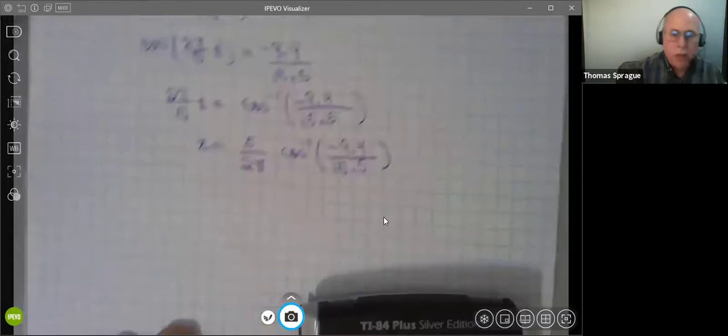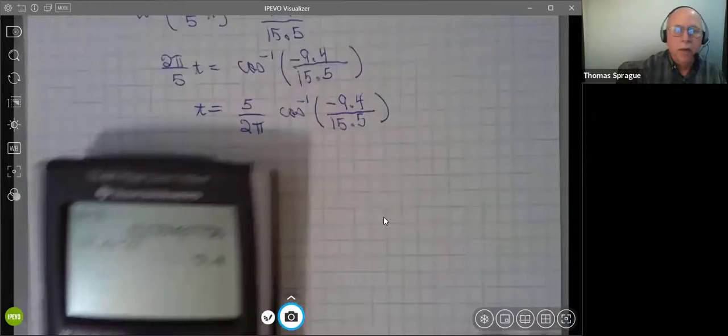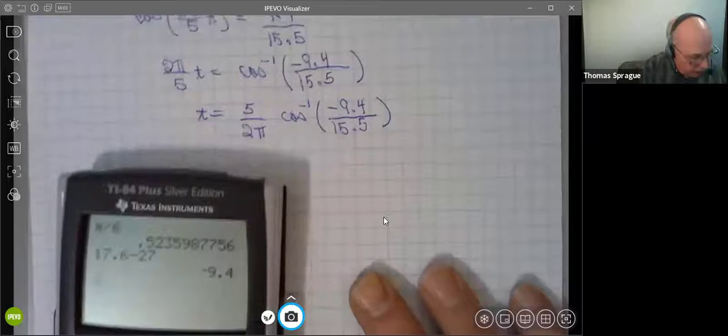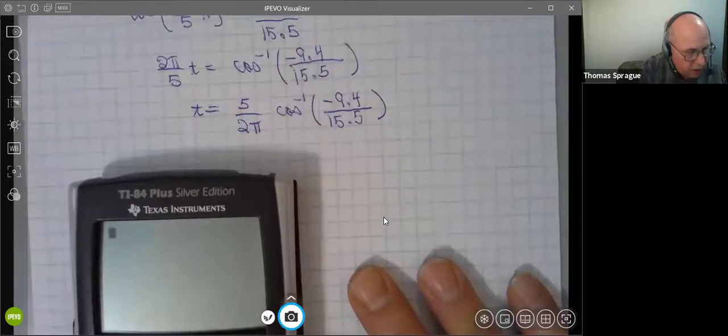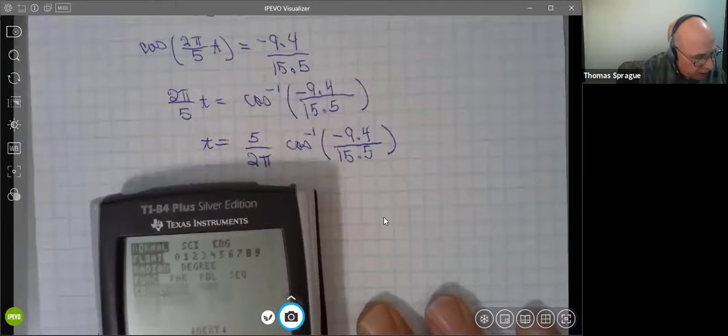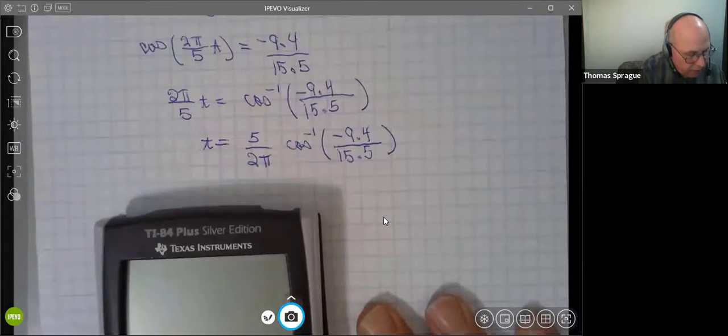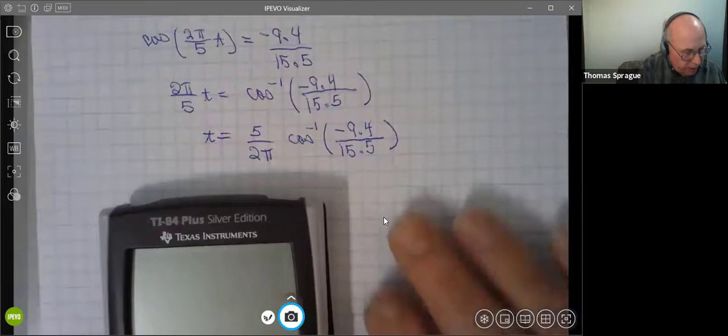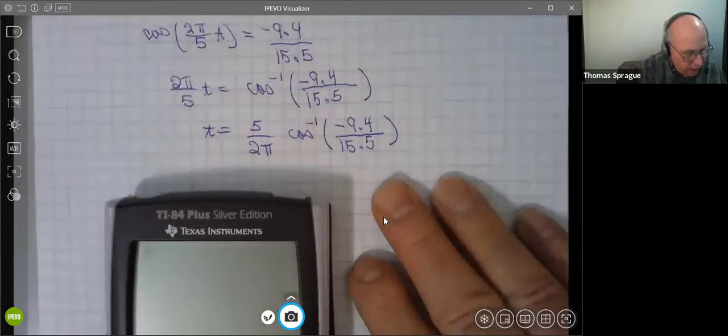Okay, so what I'm going to do is, first of all, presumably this is in radian mode. So let me check my calculator, radian mode. And then I'm going to basically just type this thing in.